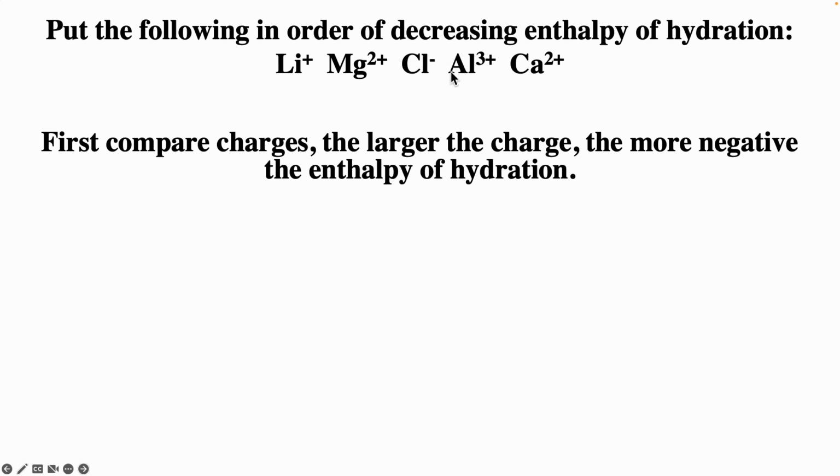And so aluminum +3 should have the strongest interaction, the most negative enthalpy of hydration. The chloride and the lithium should have the smallest because it's the +1. And so based just on charge, this is what we have so far. Now the secondary consideration is size. So the smaller, the closer, the stronger.